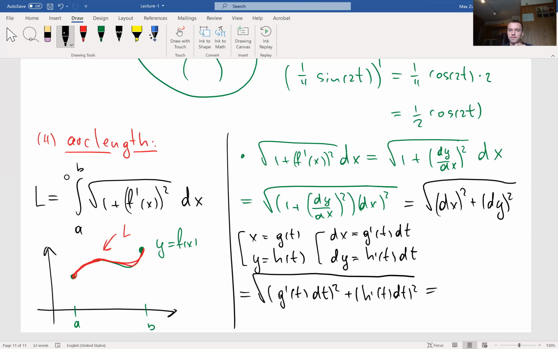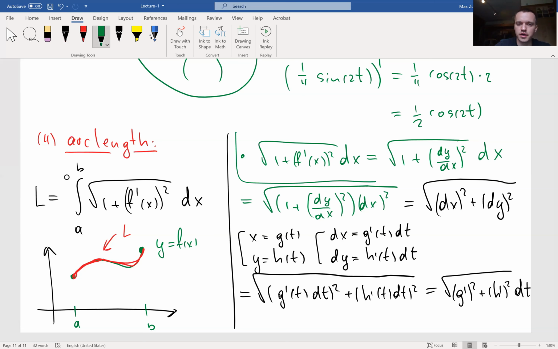So I can factor out of the square root dt squared. So I'm going to obtain the square root of g prime squared plus h prime squared, dt. So we started with this expression, and using parametric equation, we ended up with that expression.